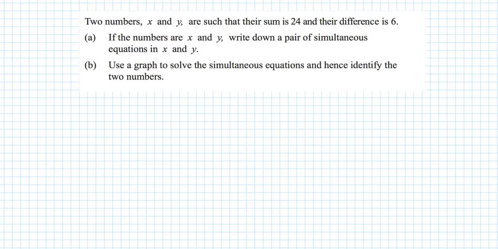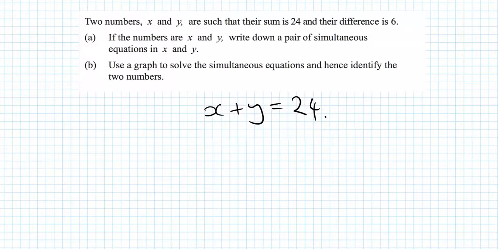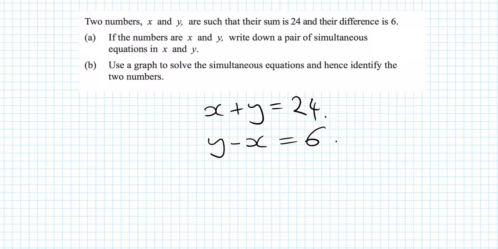Well, if their sum is 24, that means when I add them, I get 24. x plus y equals 24. And if their difference is 6, that means when I take one away from the other, I'm going to get 6. It doesn't matter which way around we do this, but let's say y minus x is equal to 6. Those can be our two simultaneous equations.